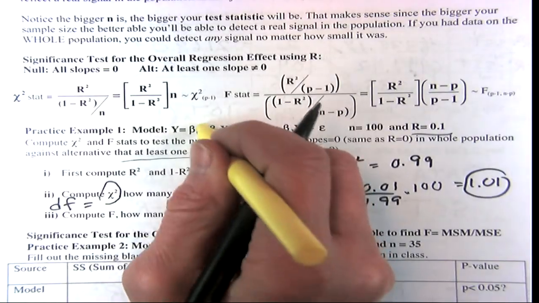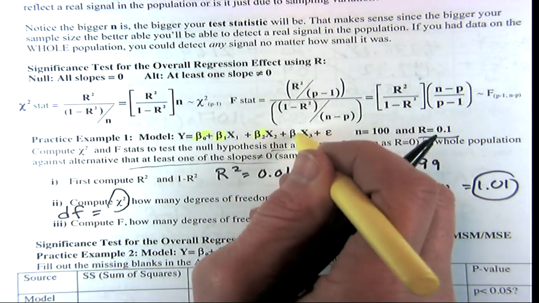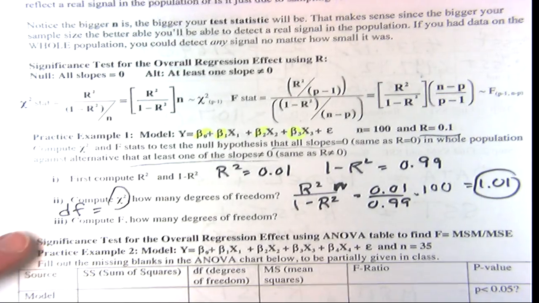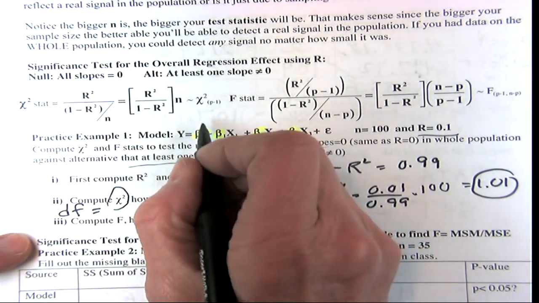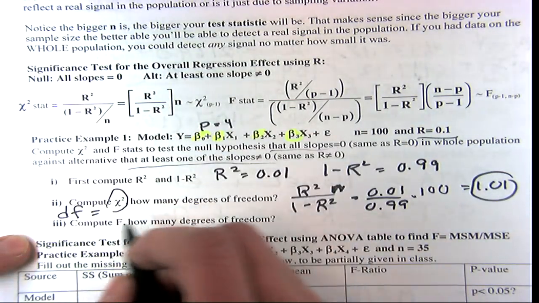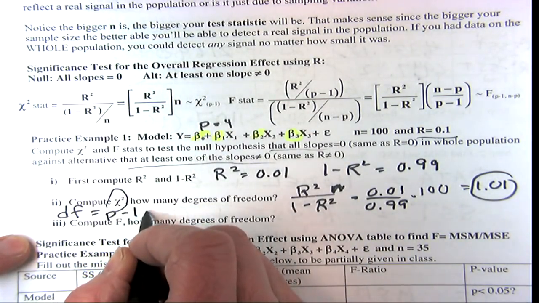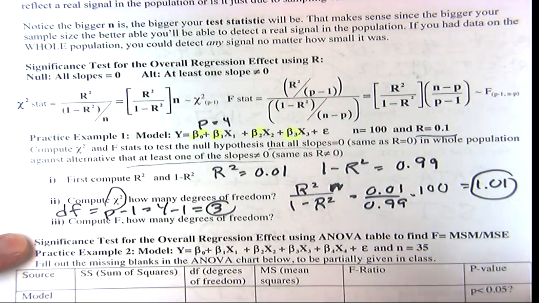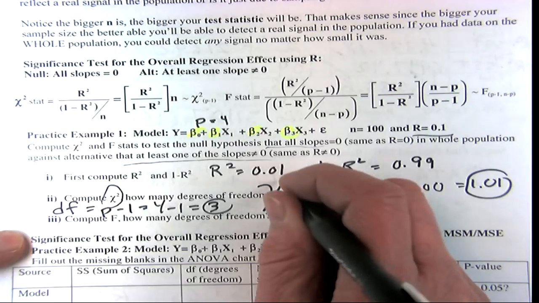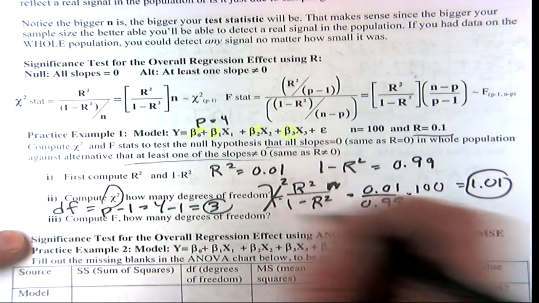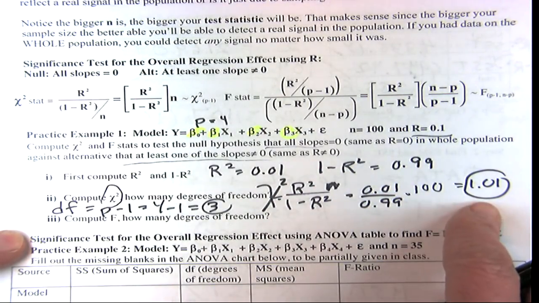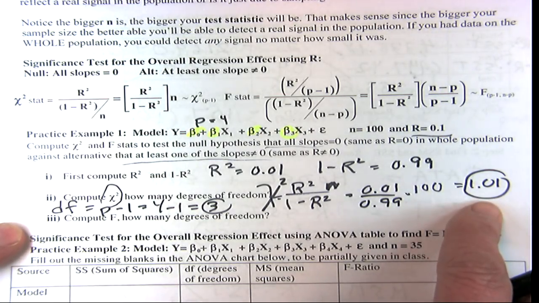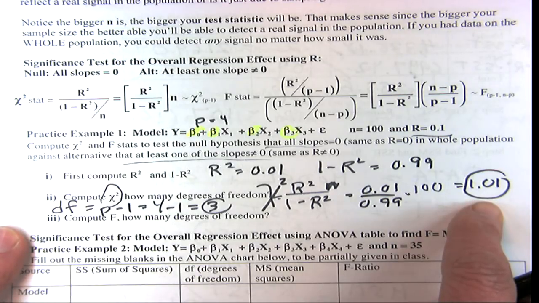So we've got 1, 2, 3, 4 parameters. So it's P minus 1, the number of parameters minus 1. P is equal to 4, so it's 4 minus 1, which is 3 degrees of freedom. So we're going to look on the curve with 3 degrees of freedom and see what the p-value is.